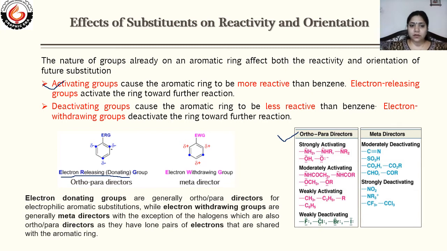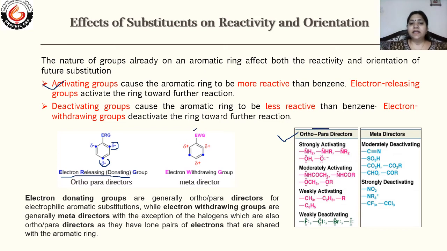This position is known as ortho position and this position is known as para position. So if electron releasing group is present on the benzene ring, the concentration of negative charge is on ortho and para side. And if these positions have electron density, so obviously the electrophile will preferably attack on these positions. So these activating groups are also known as ortho-para directors.